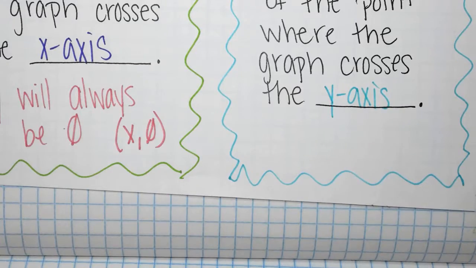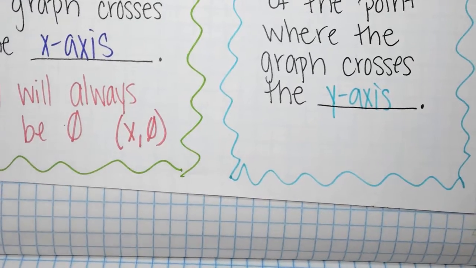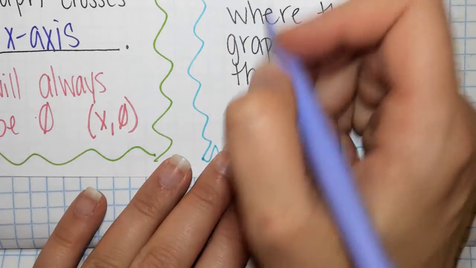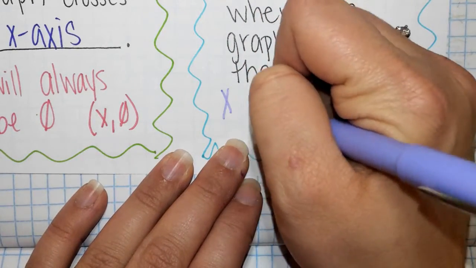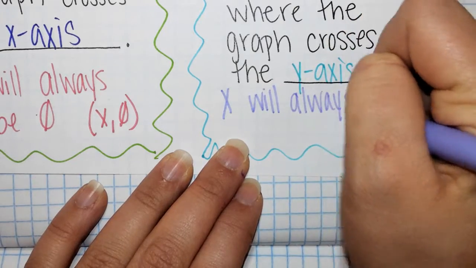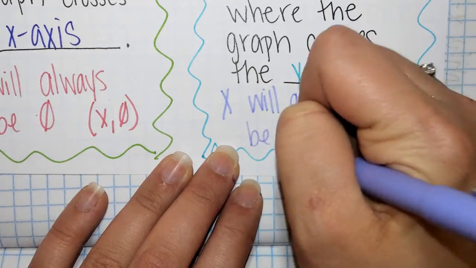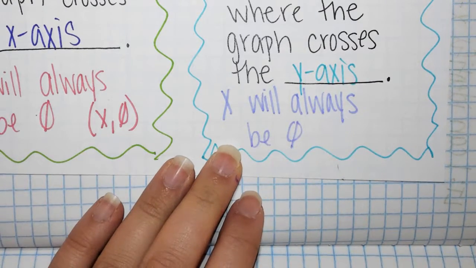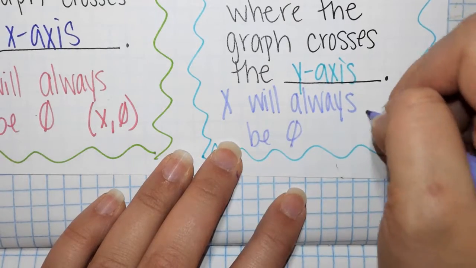What's going to always be 0 on your y-intercept? Yes, good. Take a point. So what will the coordinate be for your y-intercept? 0, y. Take a point.